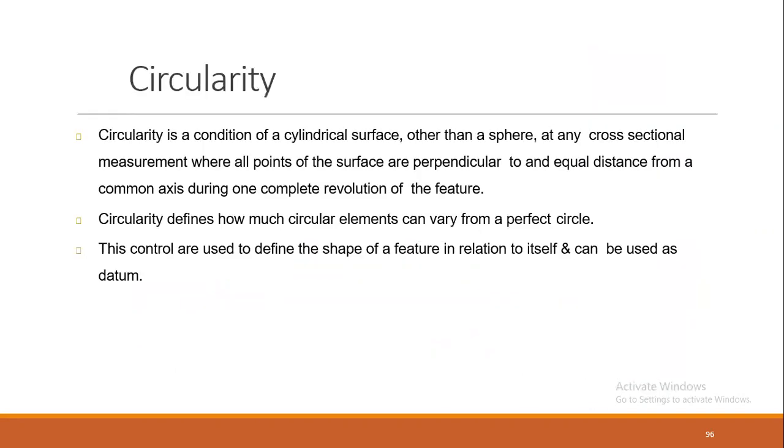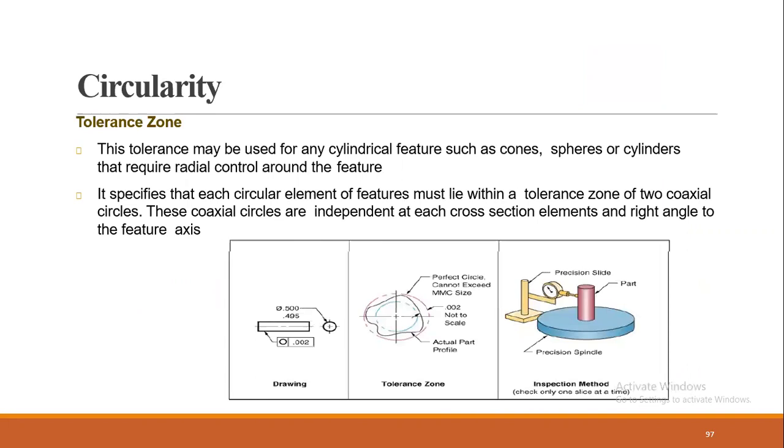Same for circularity. Circularity is a condition of a cylindrical surface other than a sphere at any cross section. So what we will do is get a precision spindle. On the spindle we will keep this pink part. We keep one point on this part and one end is connected to the gauge.